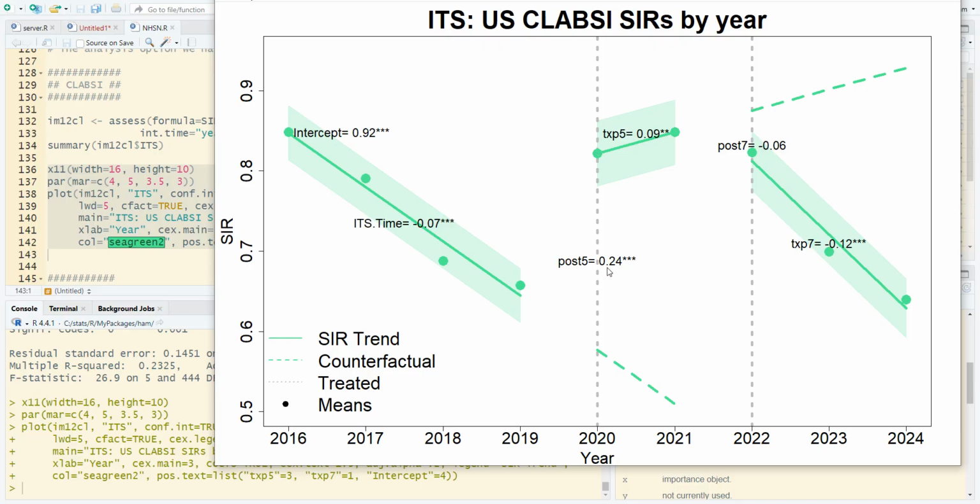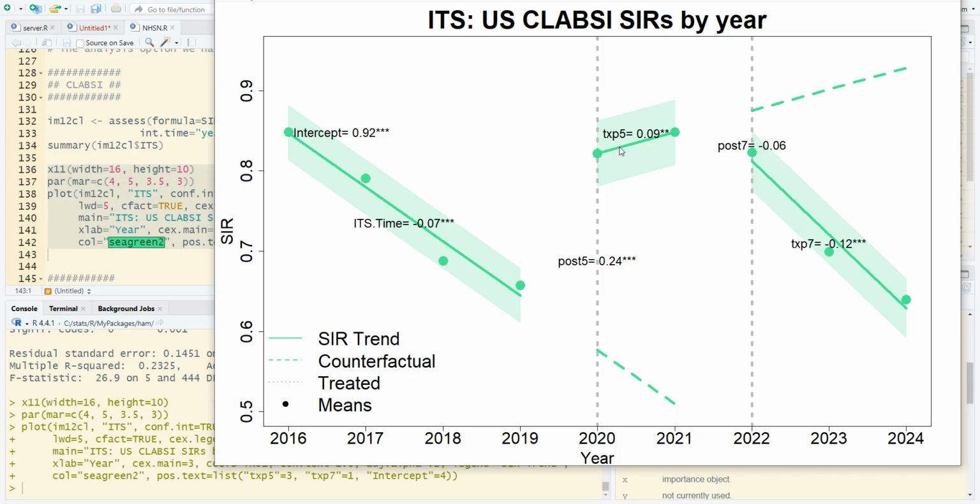Post 5 has a SIR change that increased by 0.24 points. That's very significant. That's what post 5 represents, that shift in the level immediately starting in the first year of this new period, 2020 and 2021. So it shifts up by about 1/4 point.